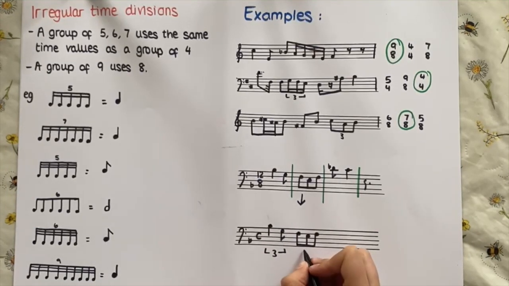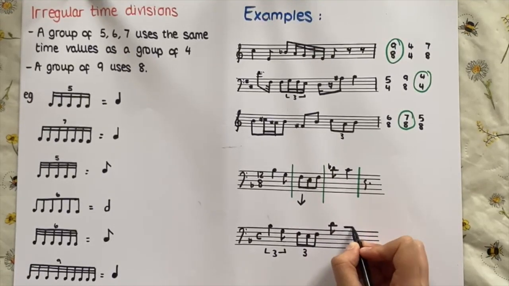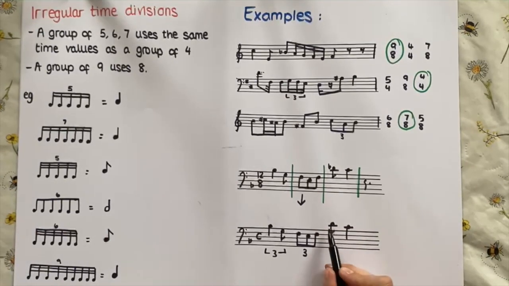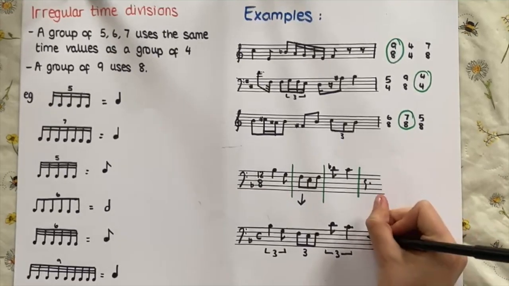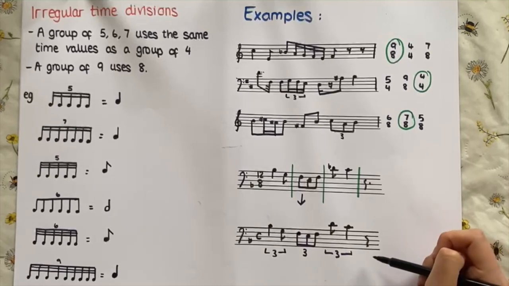So again, we're going to triplet those. And next section. Again, we need these to fit into 2 quavers, so I'm going to triplet that as well. I'm going to put the bracket just so it's clear where it is. And then as this is a rest, we can just put this as a crotchet rest, as there's no need for the dot as we're now in simple time.